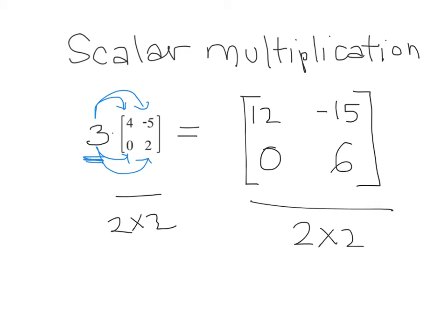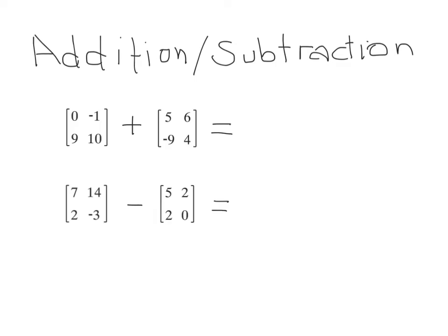What's the next operation? Matrix addition or matrix subtraction. This is also a relatively simple style of matrix operation. We do it entry by entry. So, for example, if I want to add these first 2 matrices, I take the 1, 1 entry in each and add them together to get the 1, 1 entry in the new matrix.